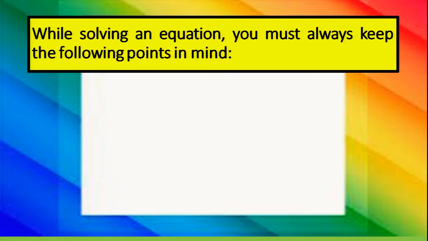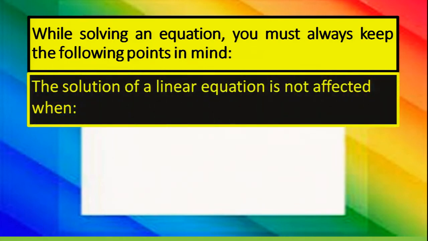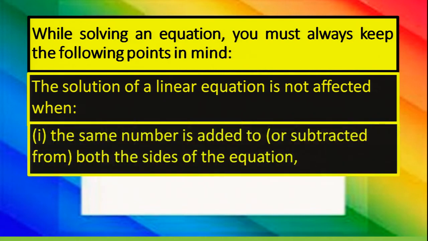And what are the points? The solution of a linear equation is not affected when we add the same number or subtract the same number on both sides of the equation. If we add the same number on both sides, the solution remains the same.